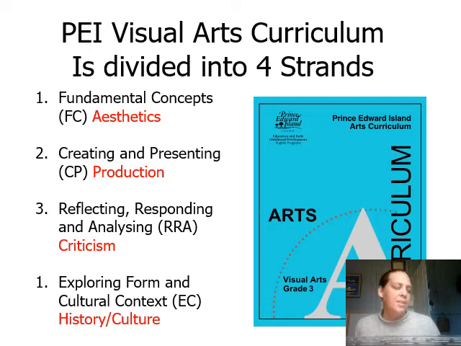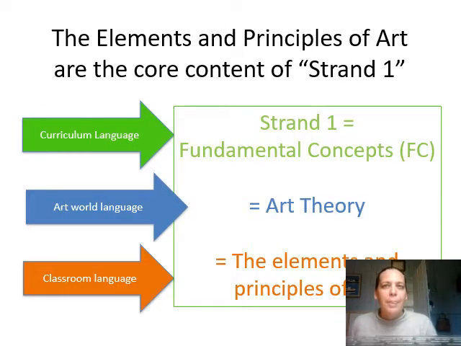In the PEI Arts curriculum, there are 4 strands. The first of these 4 strands is called fundamental concepts, and in the curriculum documents this will often be in parentheses as FC. That's pretty much what we're talking about, strand 1 from the arts curriculum.